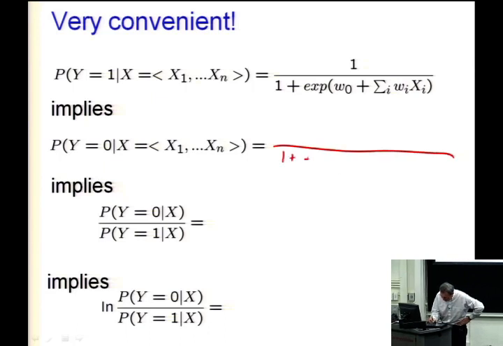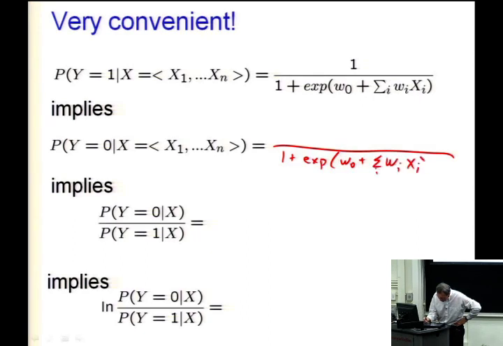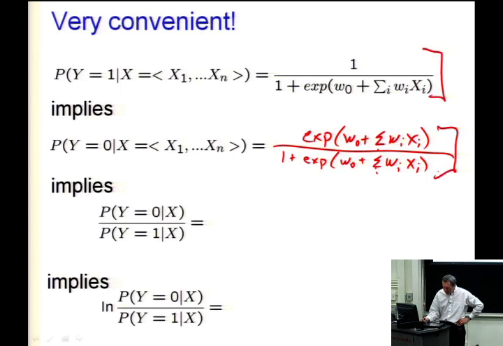Well, let's give it the same denominator. And now what numerator do we want to give it? Right. If I give it this numerator, then obviously when I sum together this quantity plus this quantity, I get 1, which is what I need.